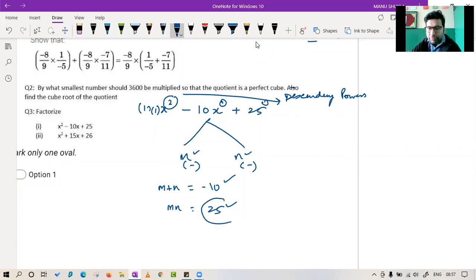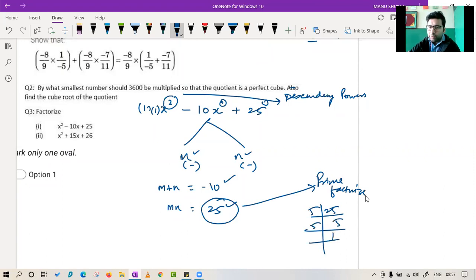To find the numbers, we should prime factorize this 25 and we will get 5 5s are 25. So the only combination left is 5 and 5. Can we say m is minus 5 and n is minus 5? You can recheck. Minus 5 and minus 5 become minus 10 and minus 5 into minus 5 becomes 25. So both the conditions are met. So the values are correct.